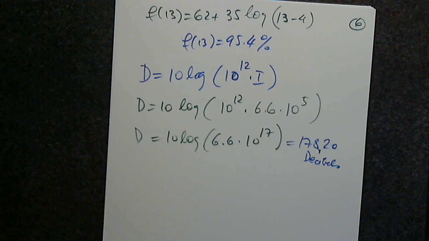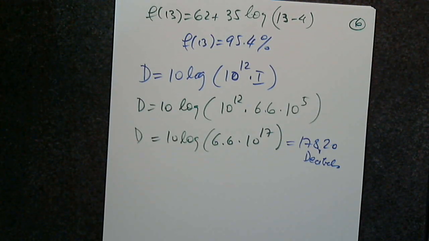So let's see how they want the answer. Oh, that's not what I meant to do. I meant to go back to this. Okay, round to the nearest whole number is needed. Okay, in that case, I'm going to say 178.